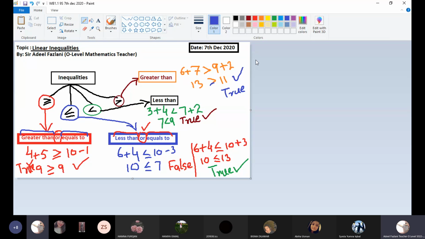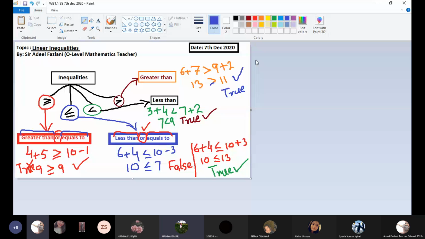We have two conditions for the greater than or equals to sign, right? Yes. And what happens for the true statement in such a case?